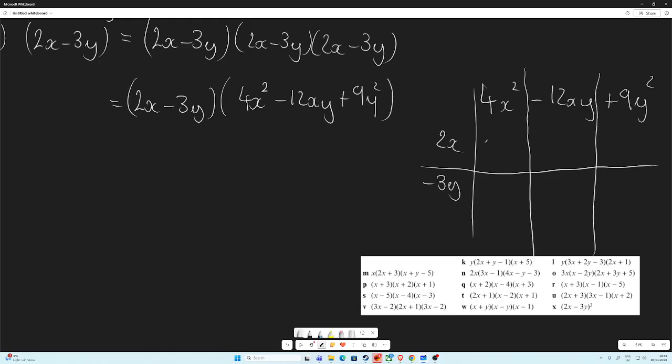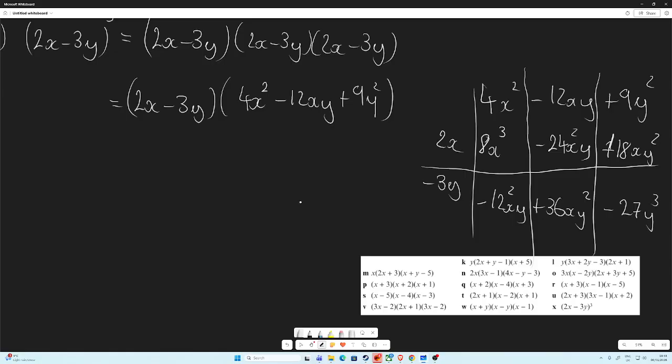Okay, so that's 8x cubed minus 24x squared y, that's important, plus 18xy squared, that's plus, not minus 12x squared y plus 36xy squared minus 27y cubed.